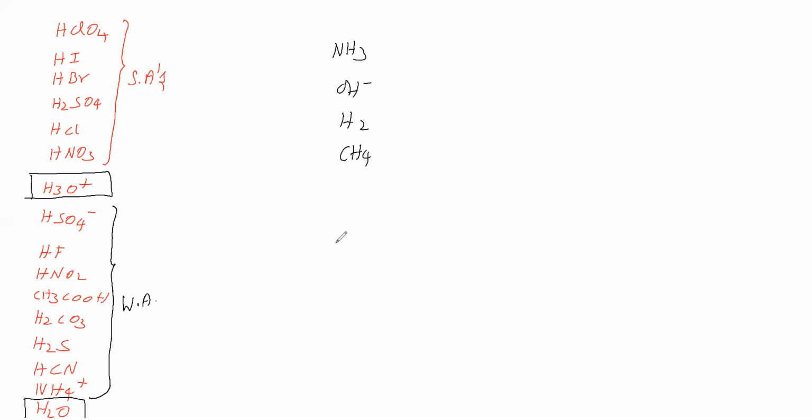Now I will take H2 gas and pass the H2 gas into water. Now I will write H3O plus and H minus. Like this I have written. That means I take this H2, which has one bond. In the hydrogen molecule, one bond is there.